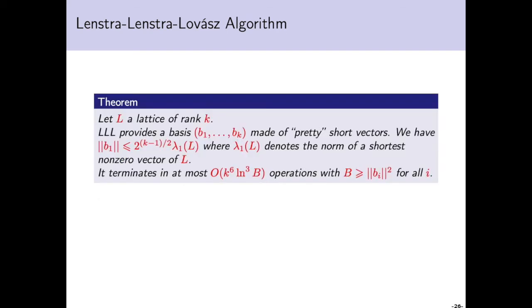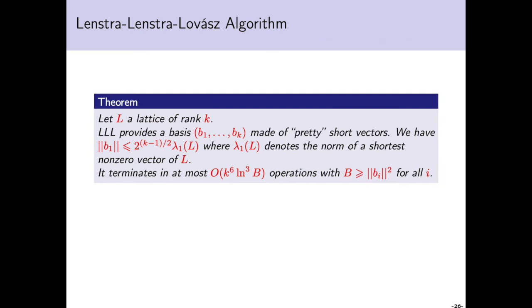So, what does LLL output? You're given a lattice of rank k, of dimension k. LLL will return you a basis that is composed of pretty short vectors. In particular, its vector B1 is an exponential approximation of the norm of a shortest non-zero vector.